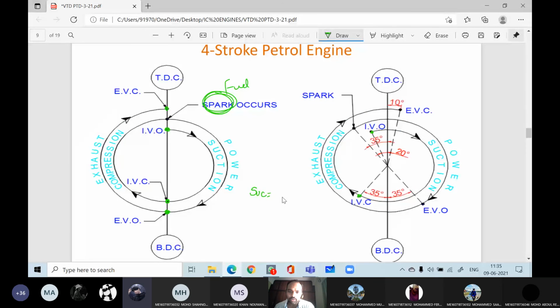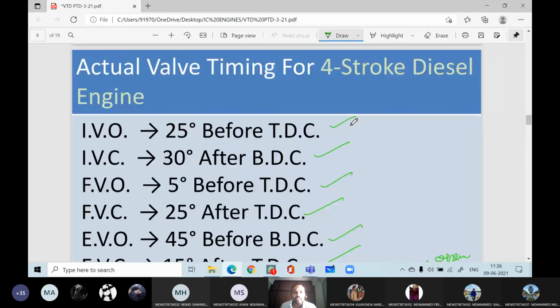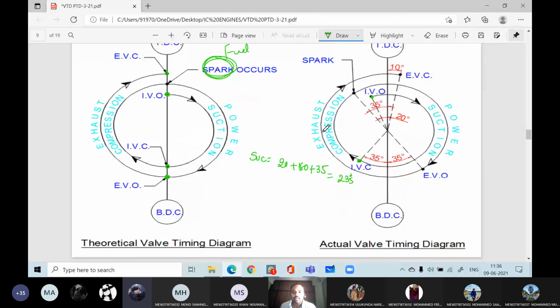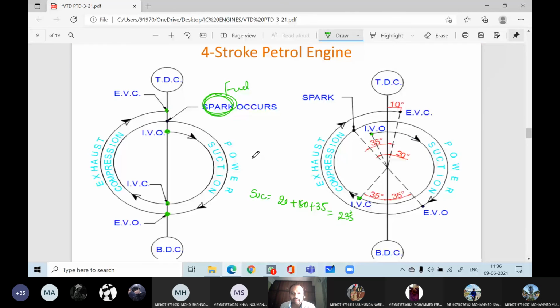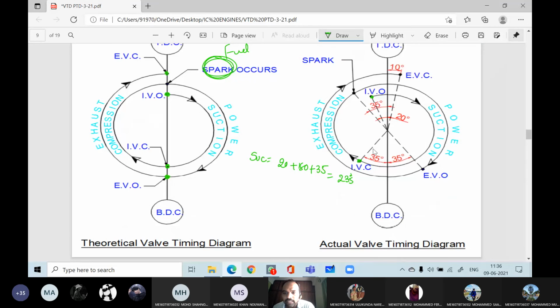So 20 degrees before plus 180 plus 35 degrees after, it will be around 235 degrees. There 25 and 30, here 20 and 35, but the total angle remains the same.